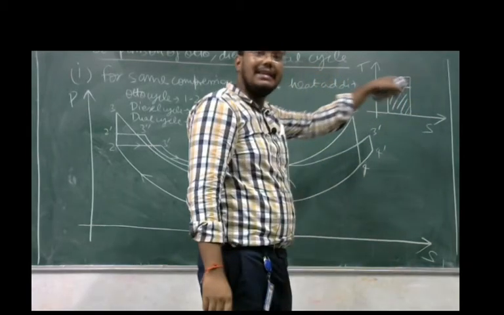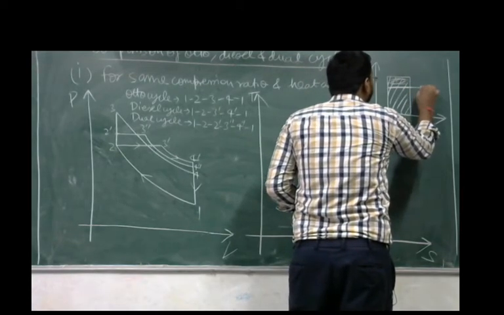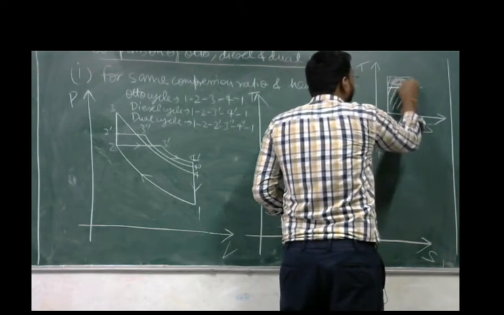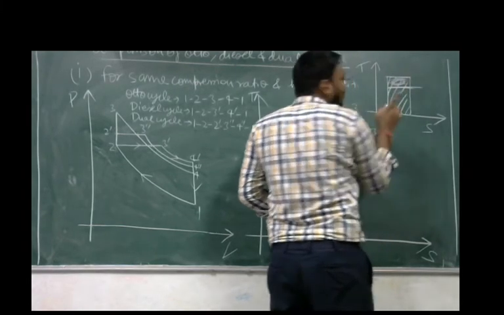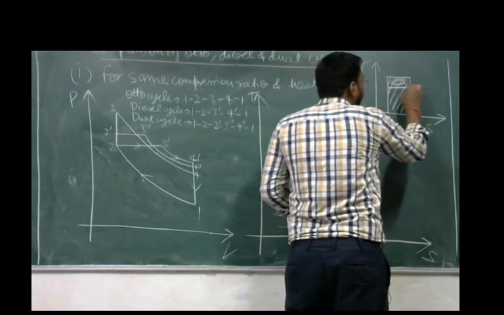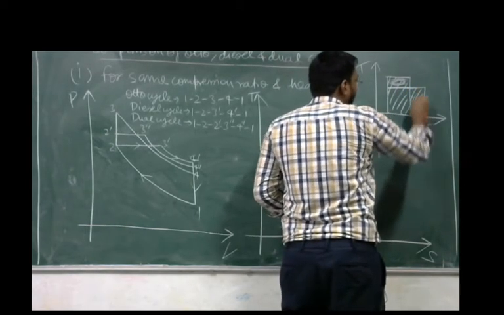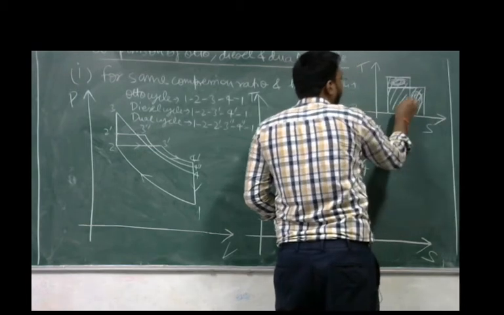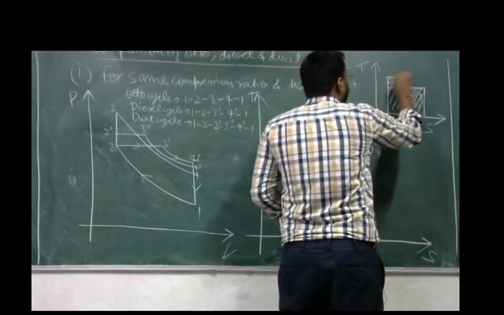To keep this area the same, we have to increase the length of the line. Now this amount will increase. Again the area of this curve and this curve will be the same.